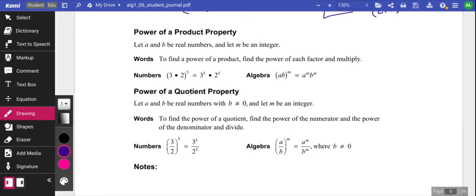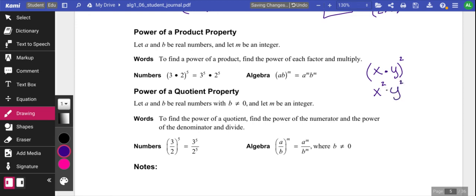It's basically saying if you have 2 things that you're multiplying and you are taking both of them to a power, you can take those things to the power separately. That's the same thing as x squared, y squared.